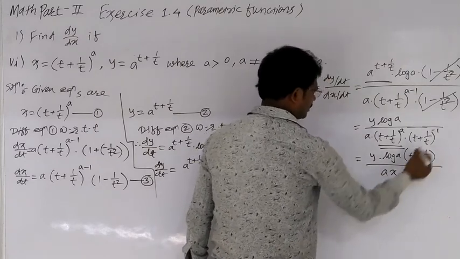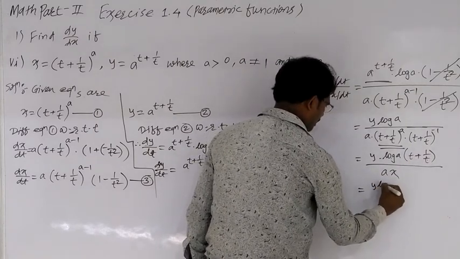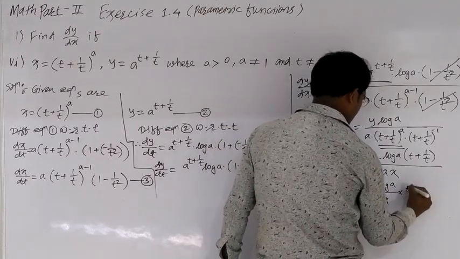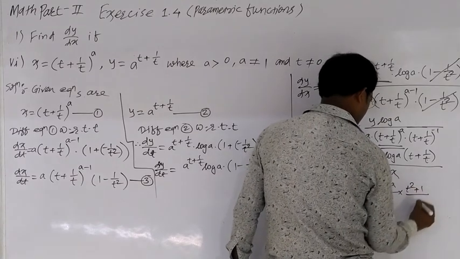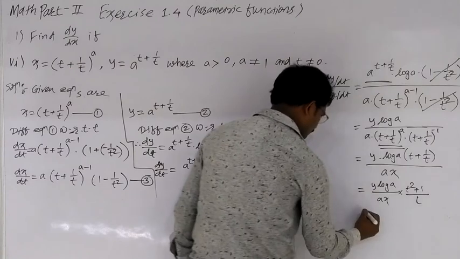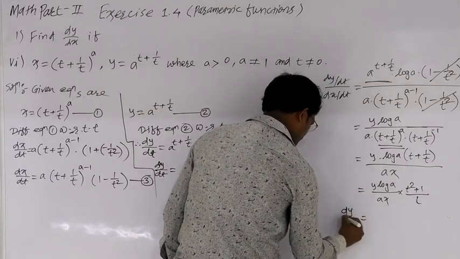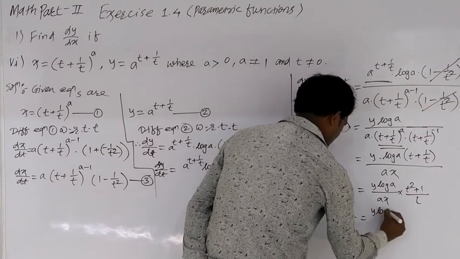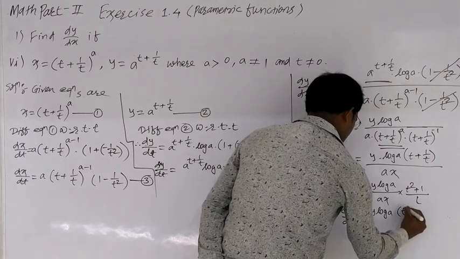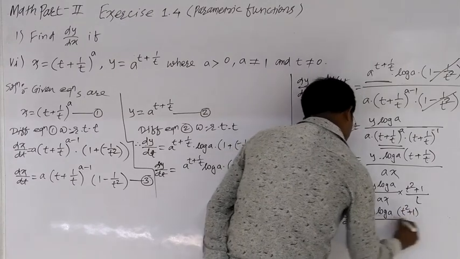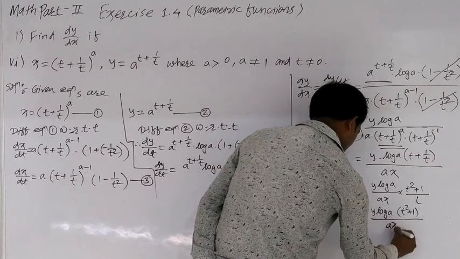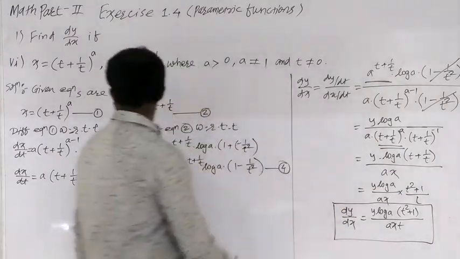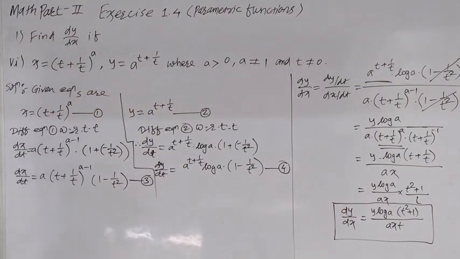Now here we can cross multiply. We get y log a upon ax multiplied by t square plus 1 upon t. So we get the final answer dy upon dx is equal to y log a into t square plus 1 upon axt. This is the final answer of problem number 6, question number first, exercise 1.4.